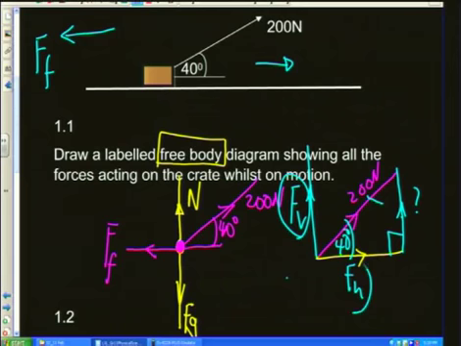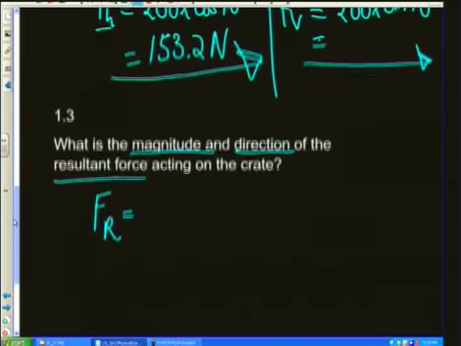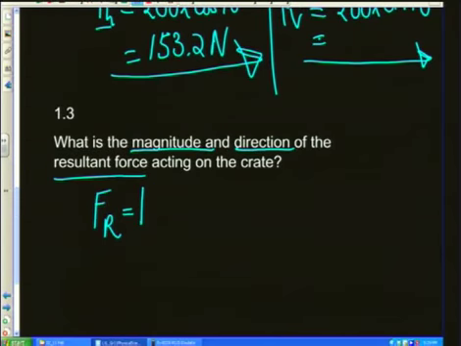We have the horizontal component, which worked out to 153.2 newtons. So the two should give us the resultant. How do we work that out? The resultant would be equal to the horizontal component minus friction.